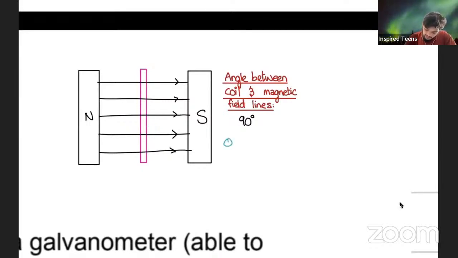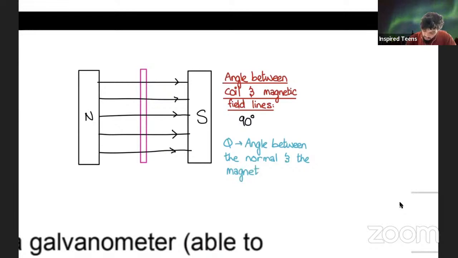However, theta, the angle between the normal and the magnetic field lines, what is this?